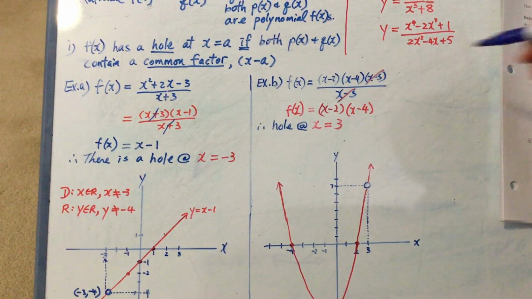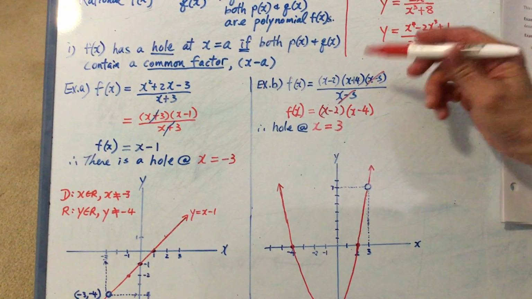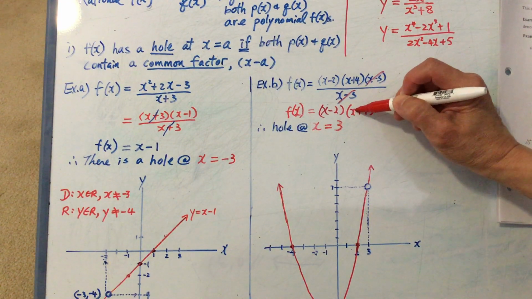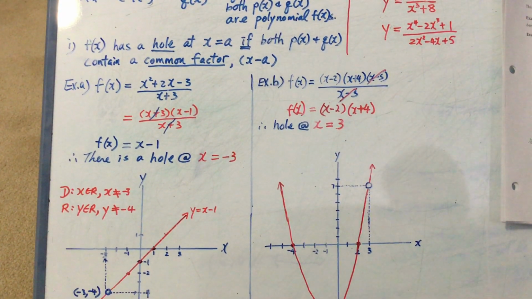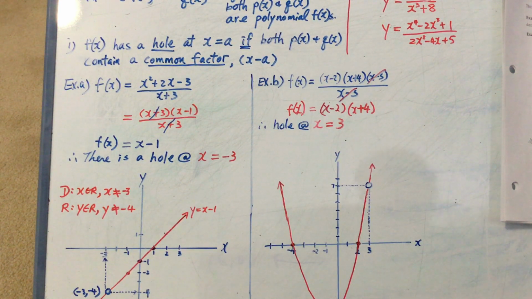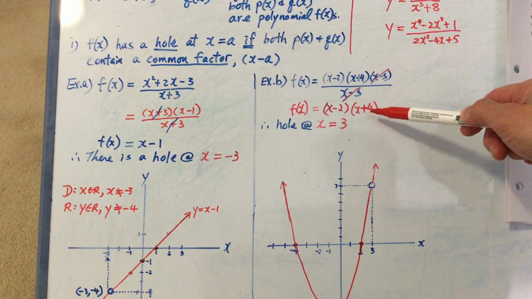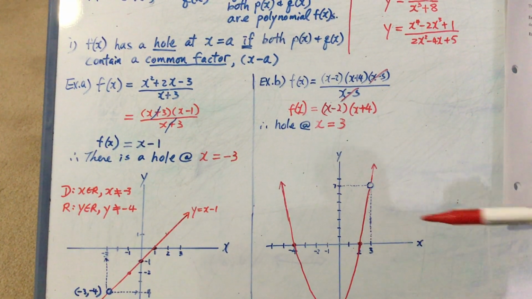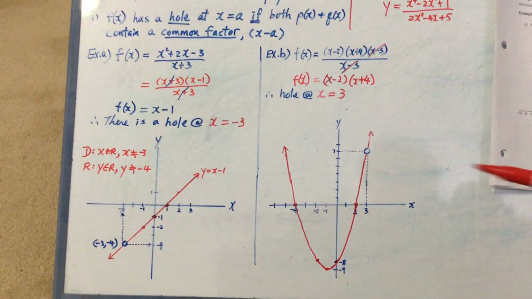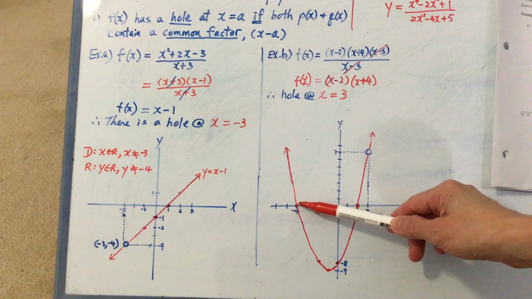So the original question here, this one should be x plus 4. Apologies, I wrote the question wrong to start with. Okay, so now we know that this quadratic function is x minus 2, x plus 4. So we should have a 0 at positive 2 right here, and a 0 at negative 4 right there.